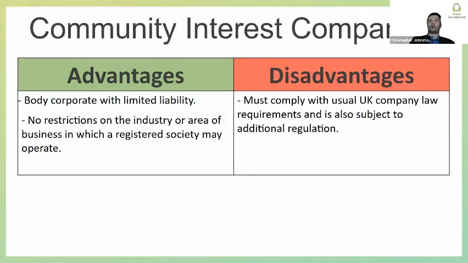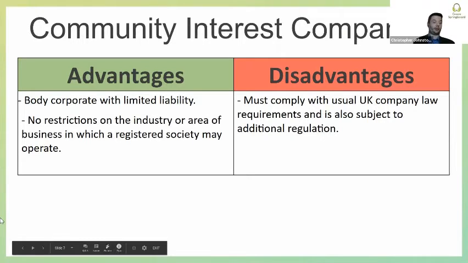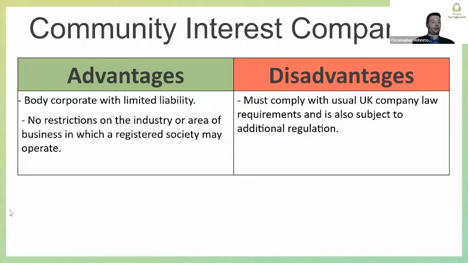So this can mean that they're quite rigid. There are also restrictions on distributions of profits of a CIC and restrictions on the pay you can give to your directors. So again, this can be quite oppressive. You don't have the same freedoms that you necessarily have with a private limited company. There are also extra obligations of transparency and additional regulations on CICs.